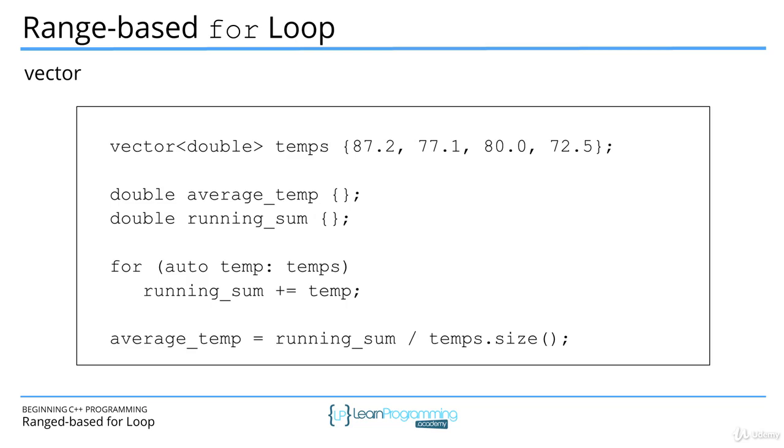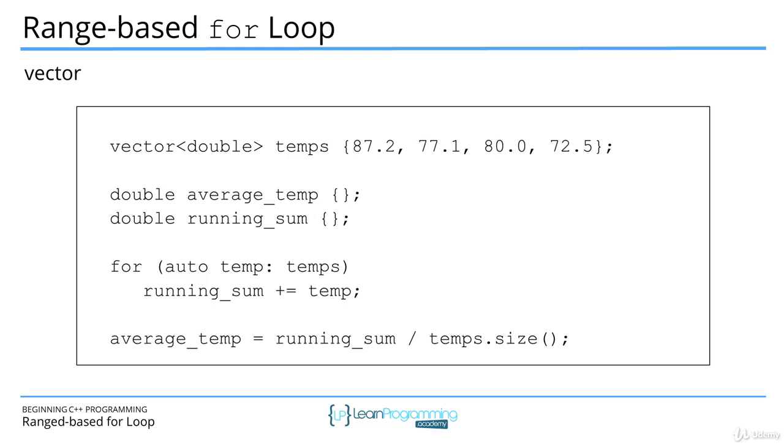It's saying loop through the temps collection, and each time through, assign a temperature from the vector to the loop variable temp, which the compiler deduces to be a double. We add this to our running sum. Then when the loop is done, we perform a simple division to get the average. Notice that I'm using the vector's size method, which returns the number of elements in the vector. In this case, it will return 4.